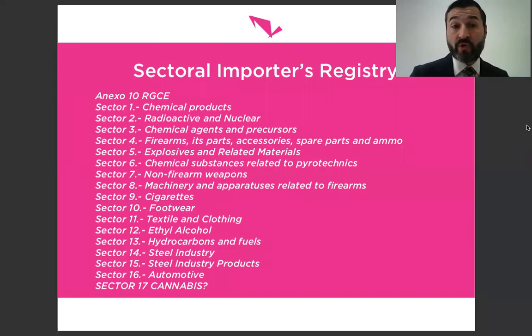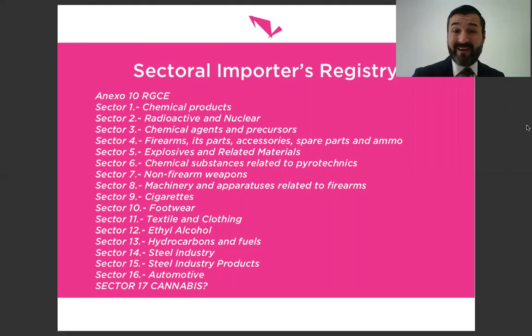These are the products. As you can see, there are 16 products or chapters or sectors of products that, if they fall within the scope of the firearms or the cigarettes or the footwear, whatever, the importer of record must secure a specific import registration.